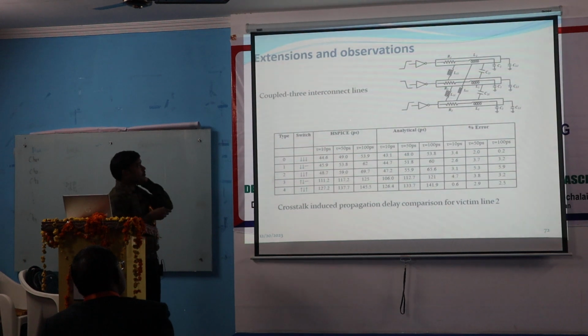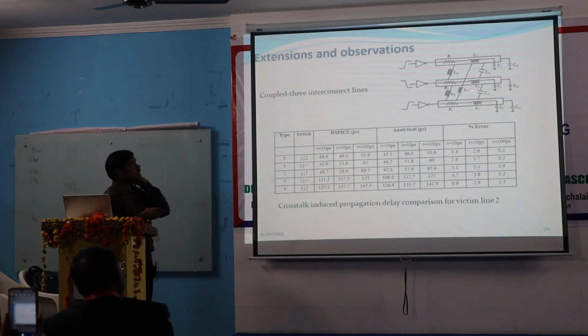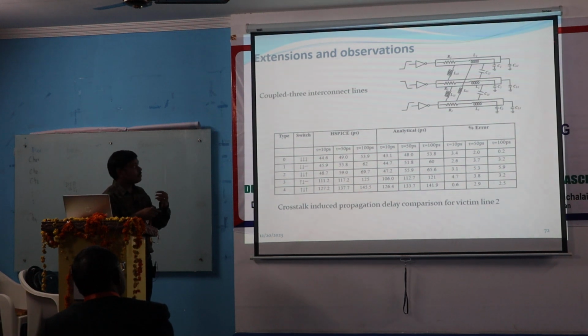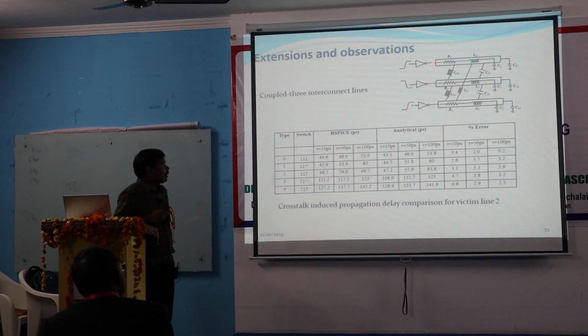And next, what I did, I extended it for 3 lines. 1, 2, 3 lines I extended. As I told you, line 1 will see the inductance for line 2 as well as line 3. The magnetic field coupling between 1 and 2 is there. At the same time, between 1 and 3 is also there.